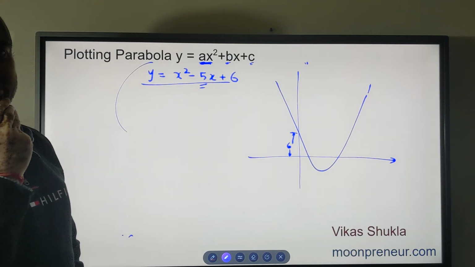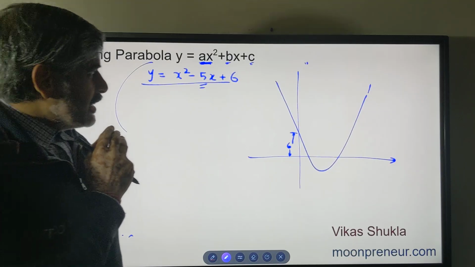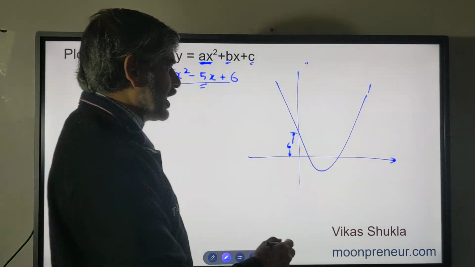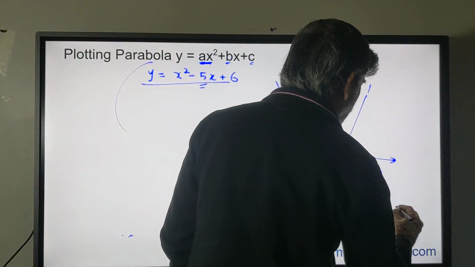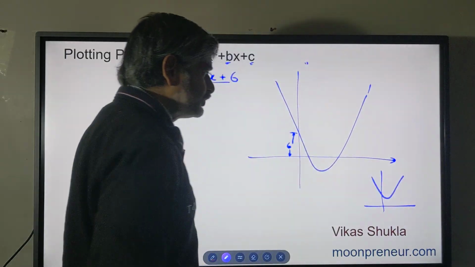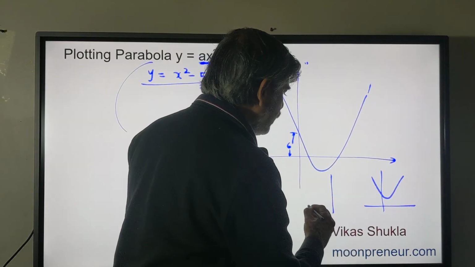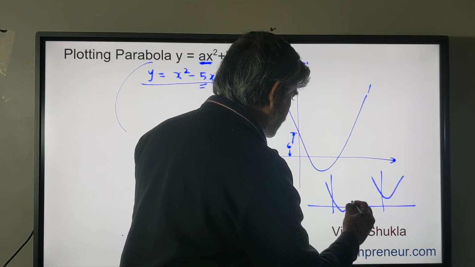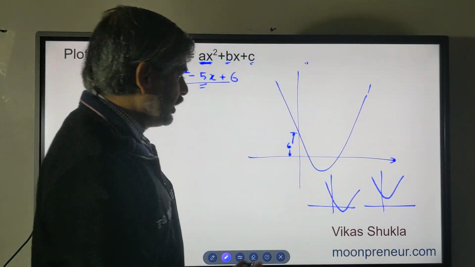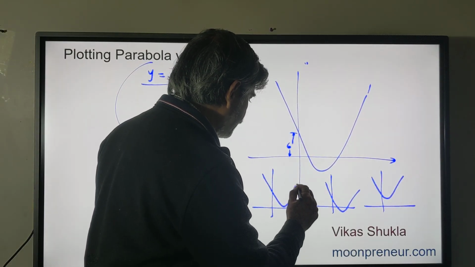Now there are a few more things you need to find about this parabola. In some cases, it's possible that this curve may not cut the x-axis at all, like this one. It may cut the x-axis at two different points, like this, or it may cut the axis at one single point.